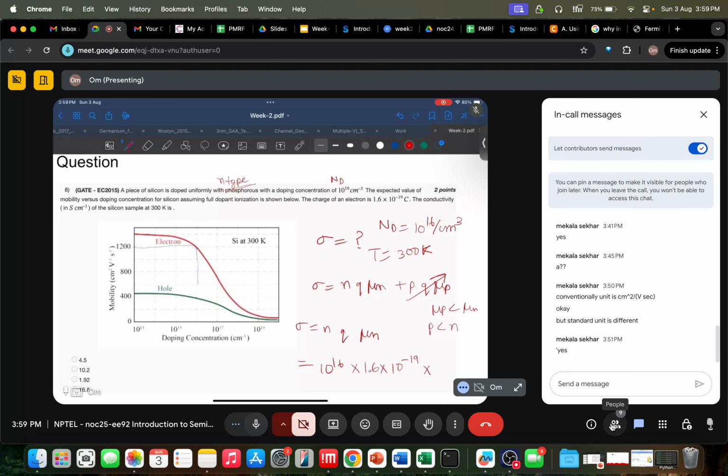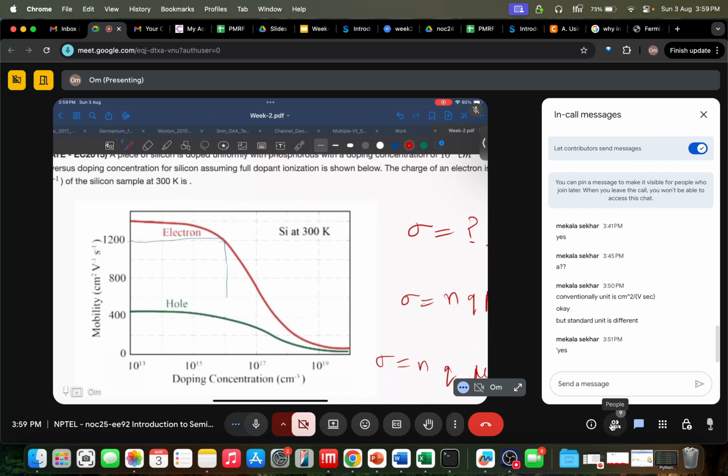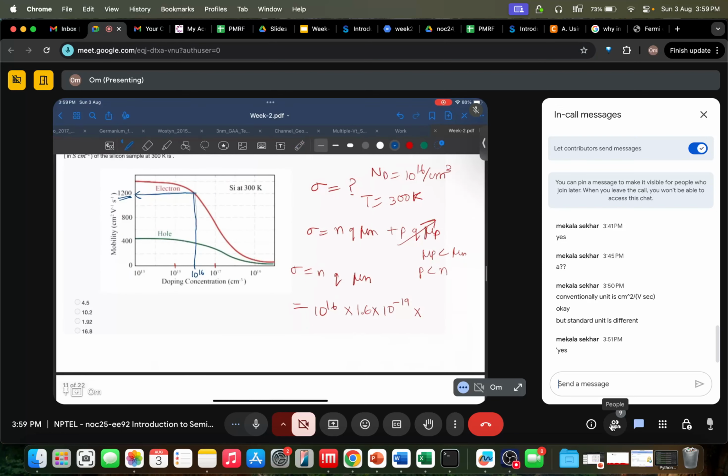What is mu n? Mu n we can see, this is 10 to the power 15, this is 10 to the power 17. Here at 10 to the power 16, mu n is 1200 centimeter square per volt second, right? So you have to find it from this graph. So mu n will be 1200.